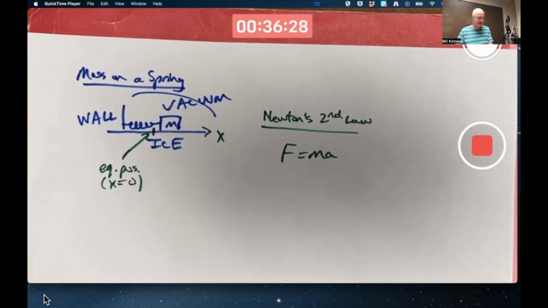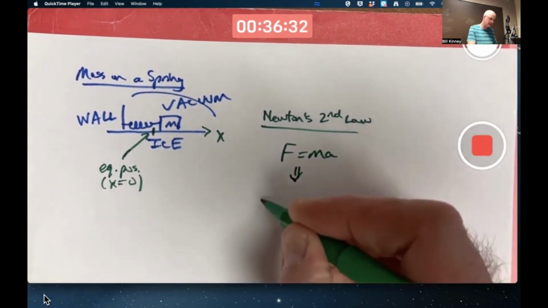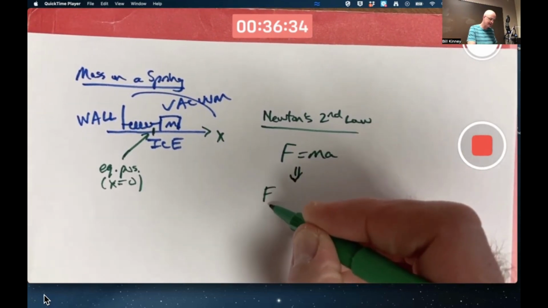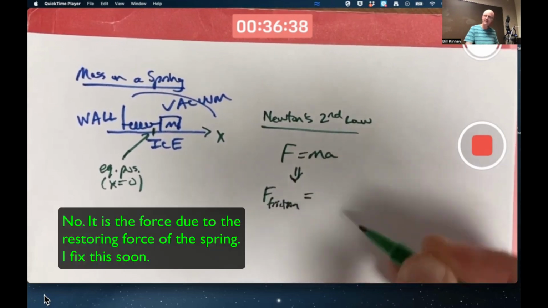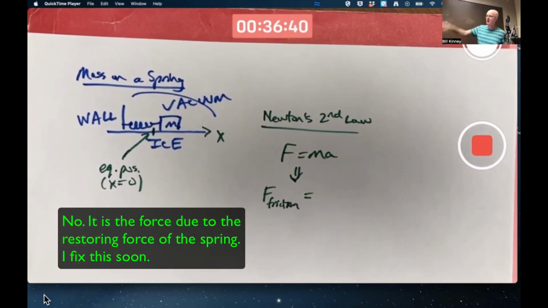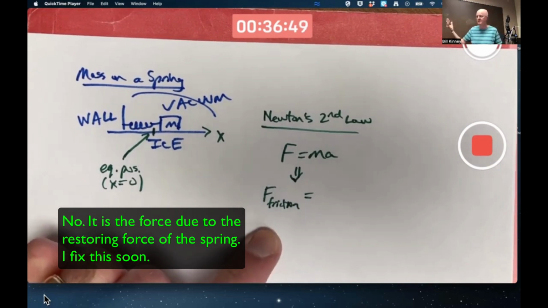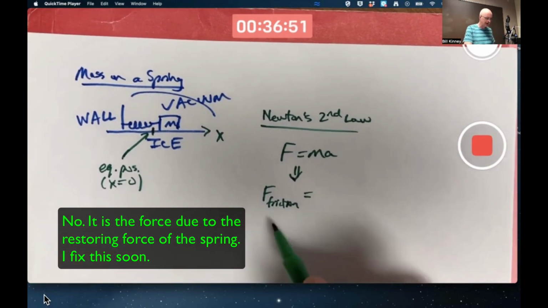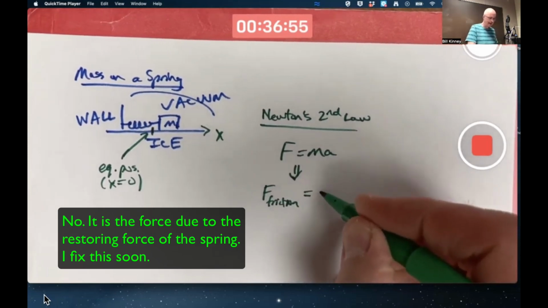F equals ma. For this situation, the force is the force due to friction. You could call it F sub friction if you like. With up and down motion of a mass under gravity and air resistance, the frictional force, I think I labeled F sub air for air resistance. You could call it F sub resistance as well. Equals the mass times the acceleration.